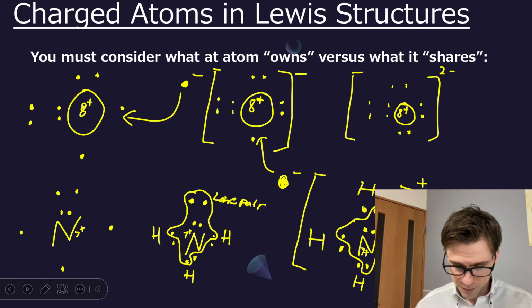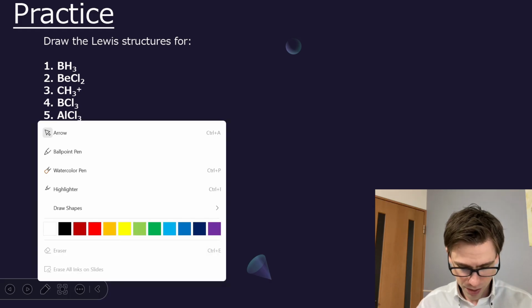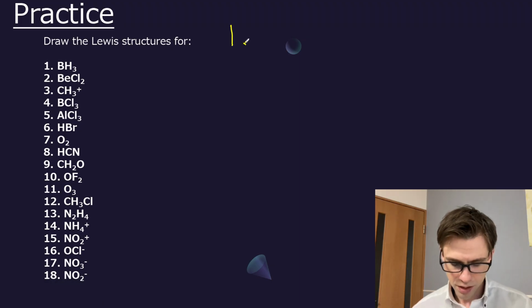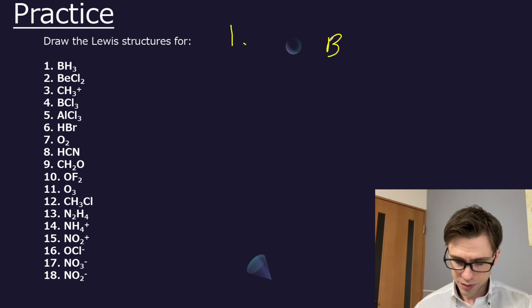Practice here. Draw the Lewis structure for BH3 to start, number 1. We can choose boron as the central atom, which can generally make 3 bonds. It's got 3 valence electrons, but this does mean that boron is unlikely to make an octet.